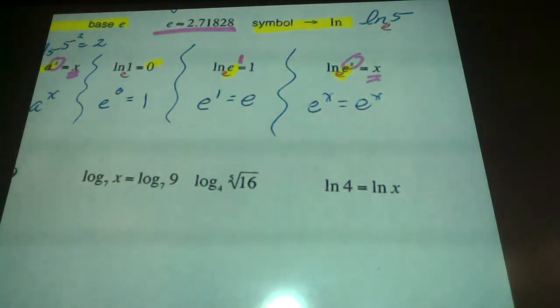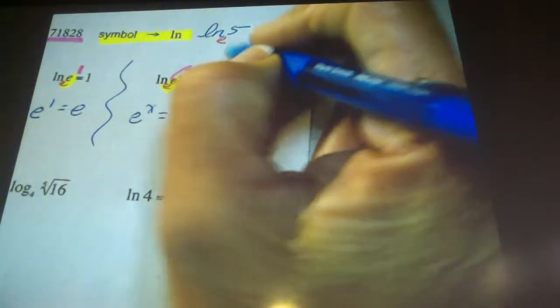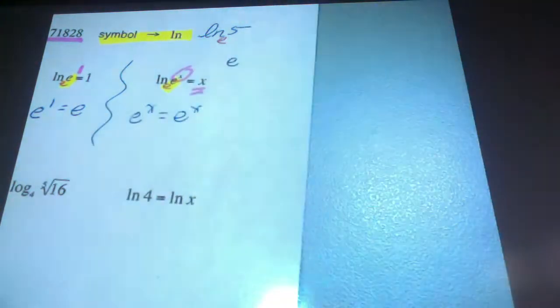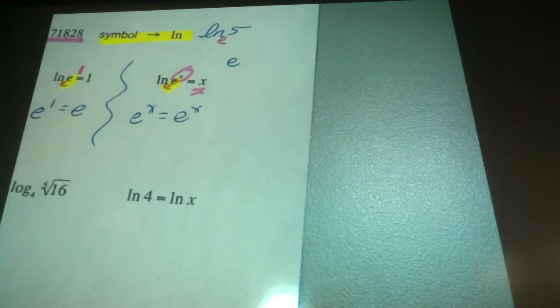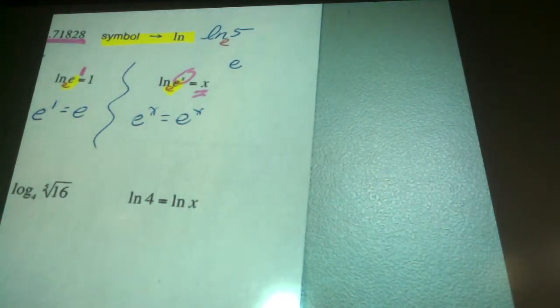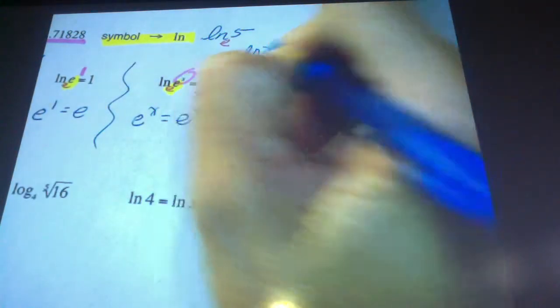Then there's a couple of others that you need to know that are not written on here. You can have a power with a base of e, and you can actually have a log in an exponent. Ellie, are you writing notes? Okay. Looks like we're splitting hairs. So let's say that I have the exponent natural log of x.